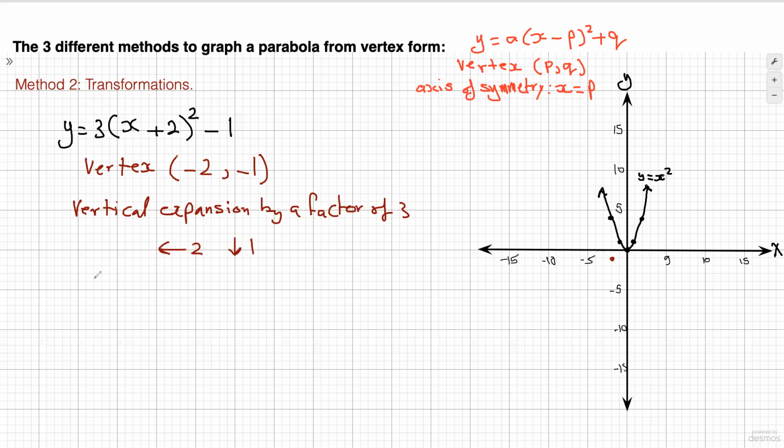So let's take the point 1 and 1, and the 2 and 4. And if you wish, we could do all of them. So the -2 and 4, and the -1 and 1. Okay. So let's take this point, vertical expansion, a factor of 3.